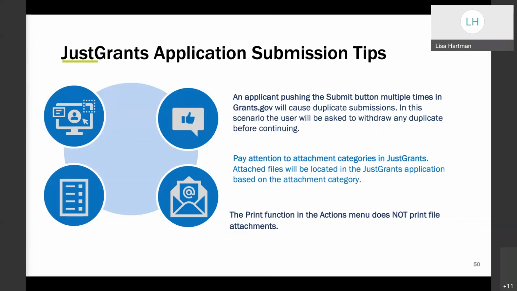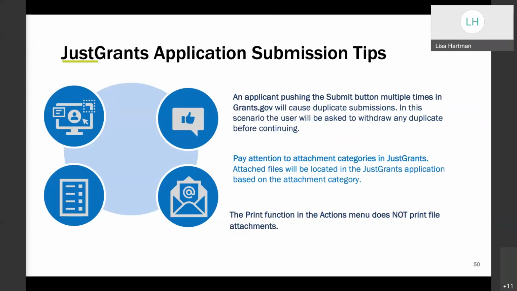If you don't choose indirect cost agreement, that document will be uploaded into your application, but you won't find it where you expect to see an indirect cost rate agreement. So the attachment category determines where in the application that file is going to be visible.